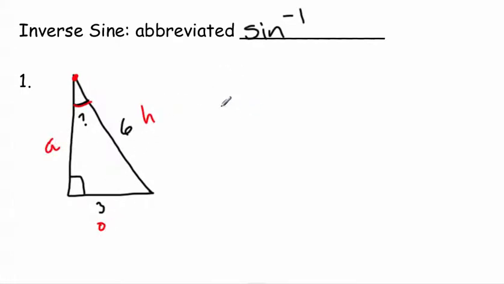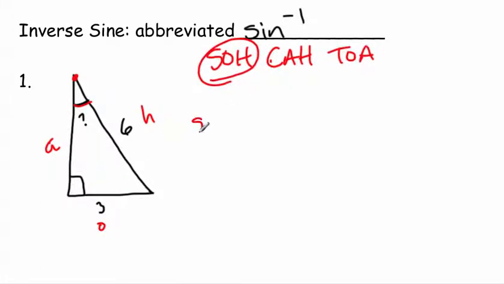Thinking of SOH CAH TOA, the only one that uses O and H is sine. So I'm going to say that the sine of the angle equals opposite over hypotenuse.